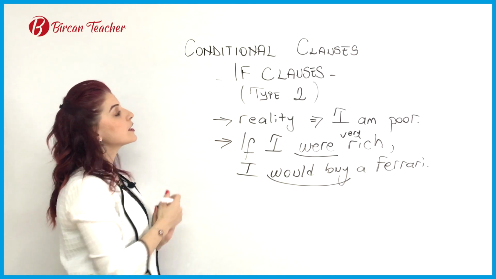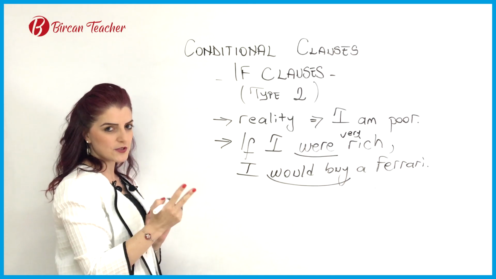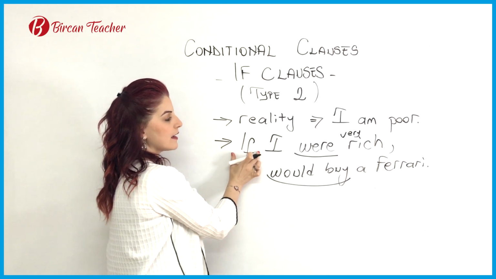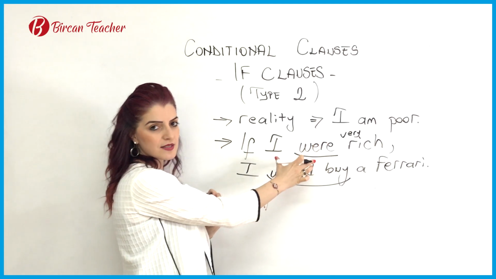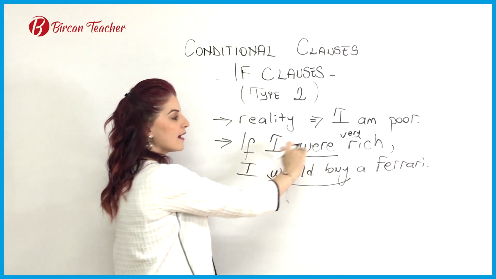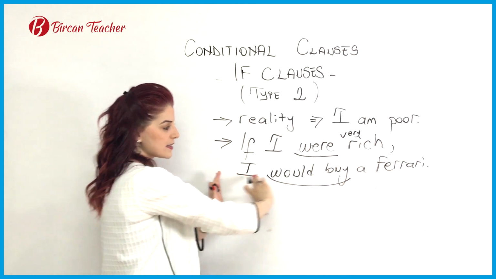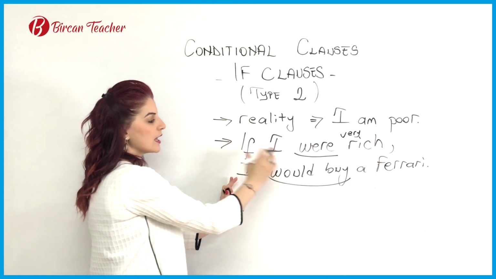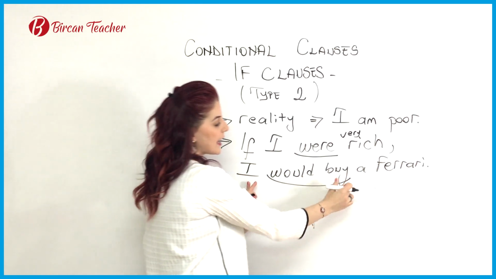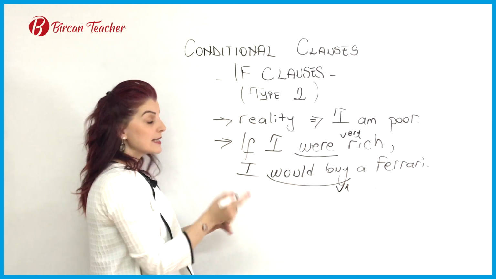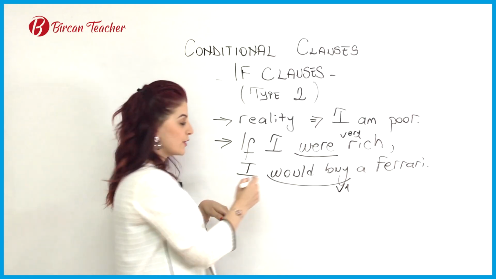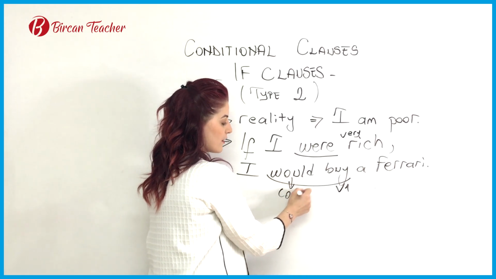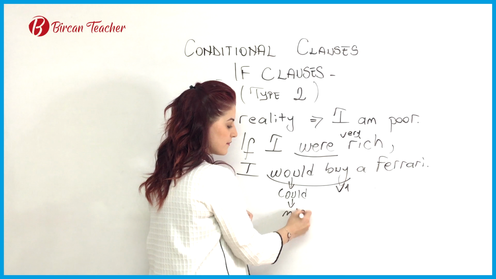So, in if clauses, when you use type 2, after if, we put the past form. And after the comma, as the second part of the sentence, we use would and word one. Sometimes, instead of would, we can use could or might.